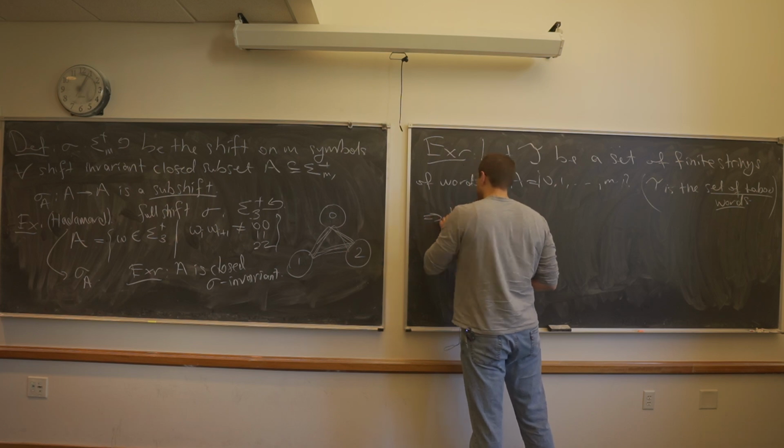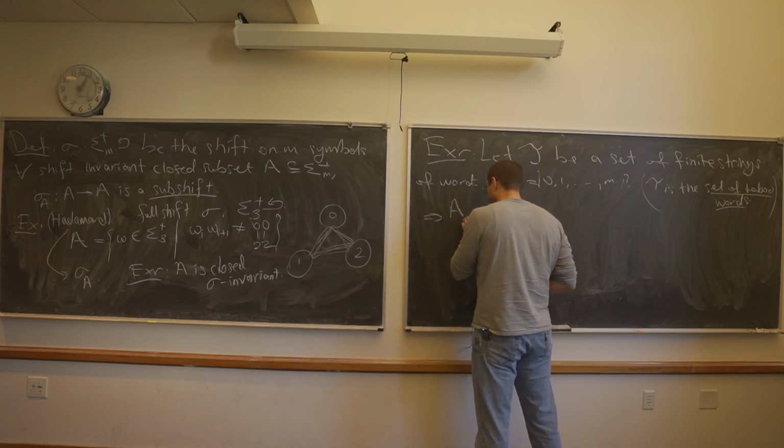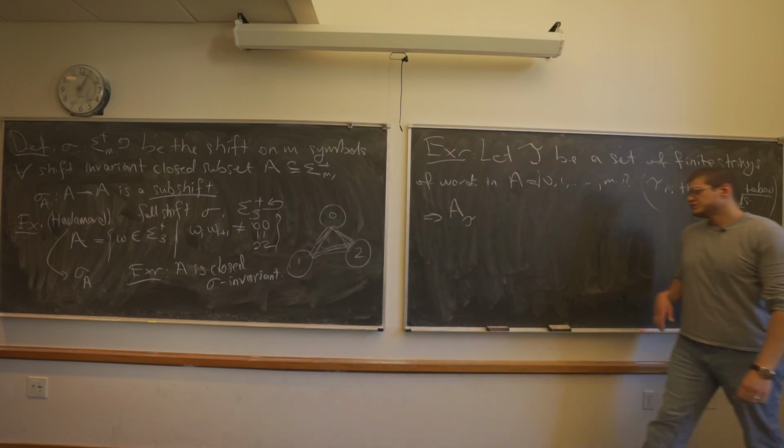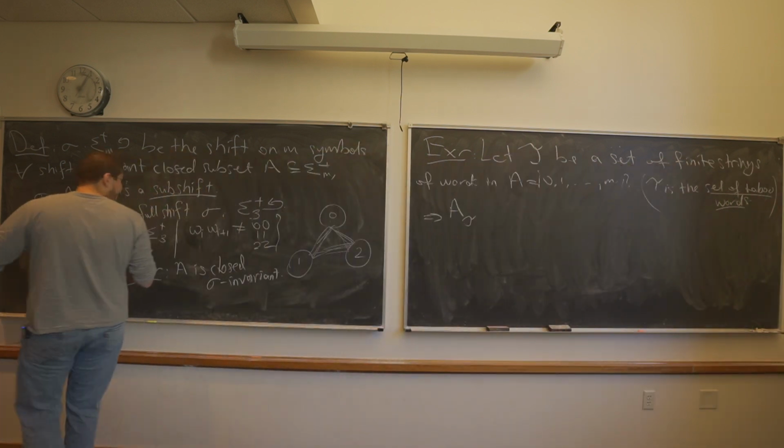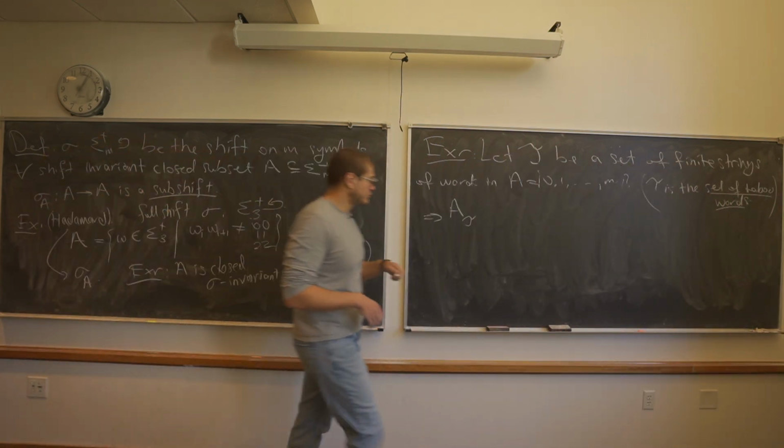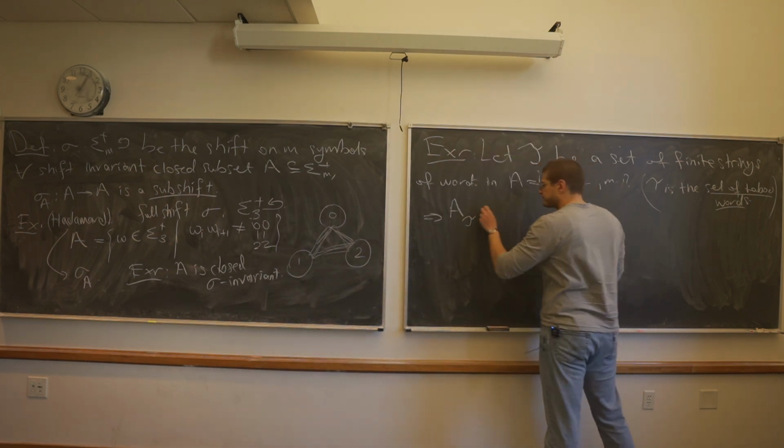Then A sub T, which is the set of all those sequences that contain none of the taboo words, is a closed subset.